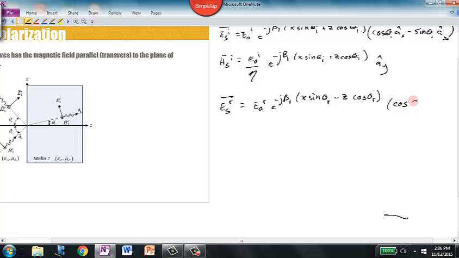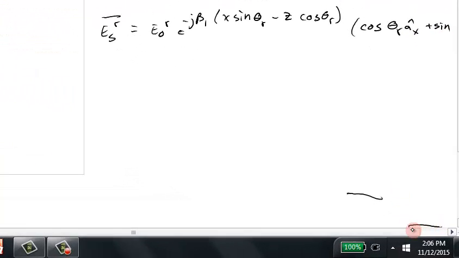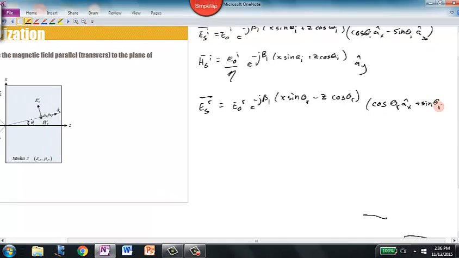So that's cosine theta R a hat x plus sine theta R a hat z. So that takes care of the electric field.